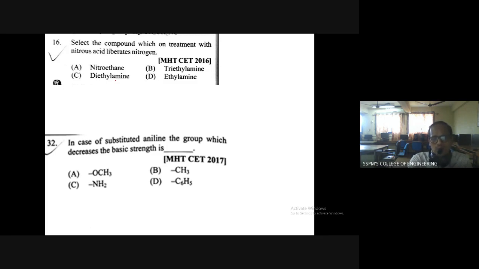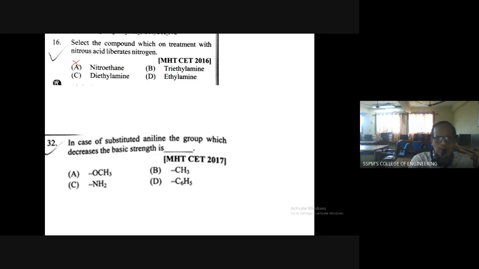That you should know, right? So this is basically a reaction of amines. Now amines are of four types: primary amine, secondary amine, tertiary amine, and quaternary amine. Since this is a reaction of amines, option A, nitroethane, is not matching. This is not an amine, so cancel that.